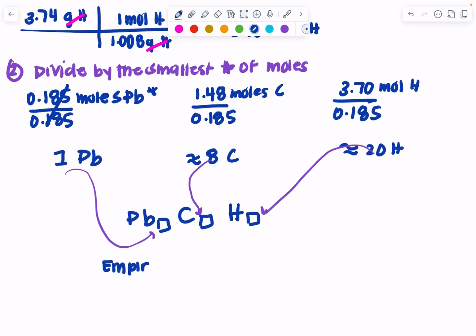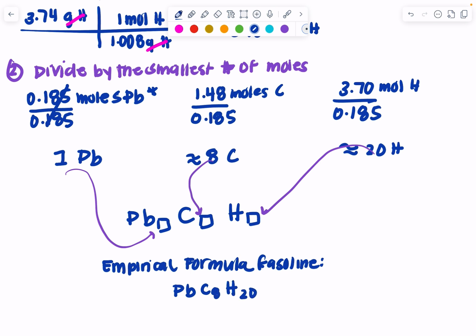And the empirical formula for gasoline is PbC8H20. Cool?